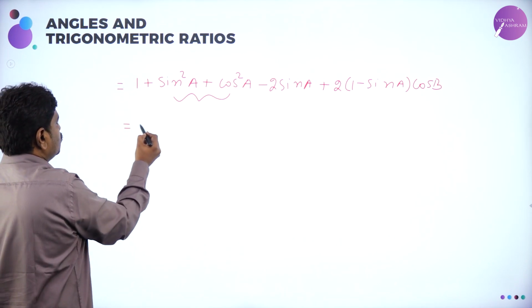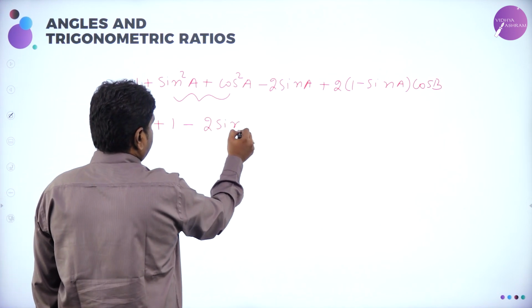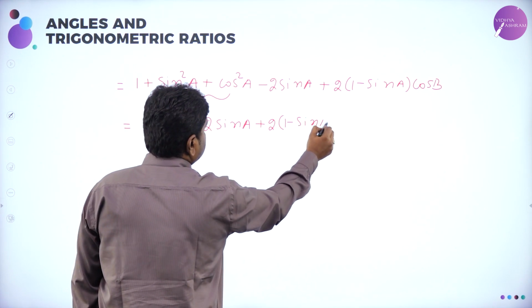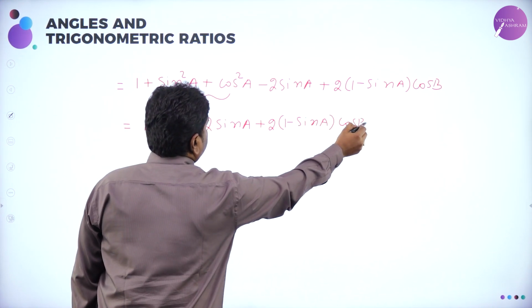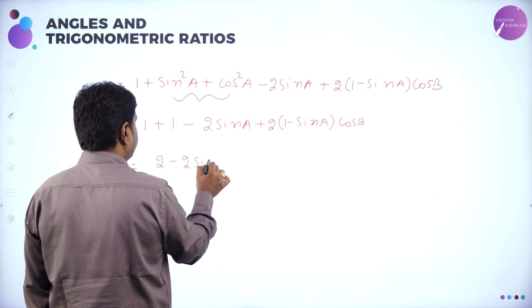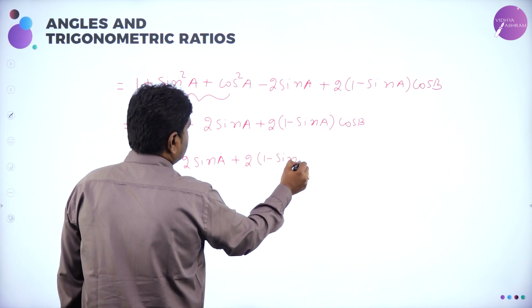So I'll compress this as 1 plus 1 minus 2 sin A plus 2 times 1 minus sin A into cos A. Further 1 plus 1 is 2, 2 minus 2 sin A plus 2 into 1 minus sin A into cos A.